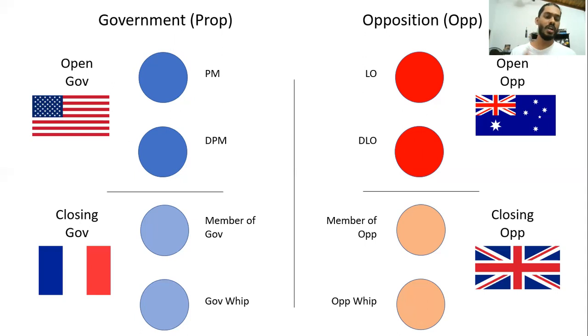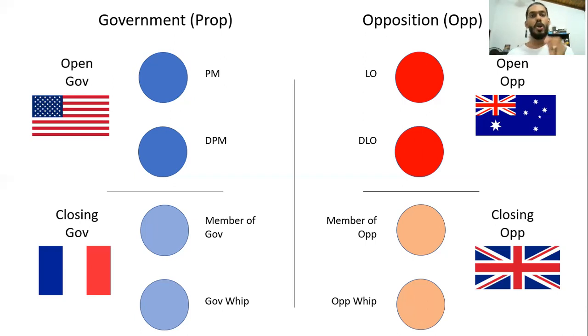Imagine you are going as a third speaker for the government, a member of the government, and imagine both points brought up by the opening government were completely ridiculous, really weak, bad arguments. You do not start your speech by saying that these points are invalid or anything. You don't say anything negative about the points brought up by your opening members.